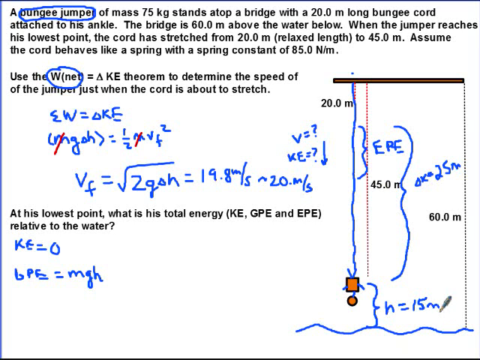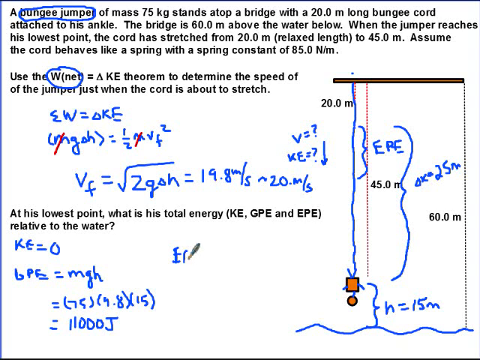And so I can go ahead and compute his GPE to be 75 times 9.8 times 15 meters, and that would be his GPE relative to the water below, and that value would be about 11,000 joules. So he still has some gravitational potential energy at that particular position, equal to about 11,000 joules.